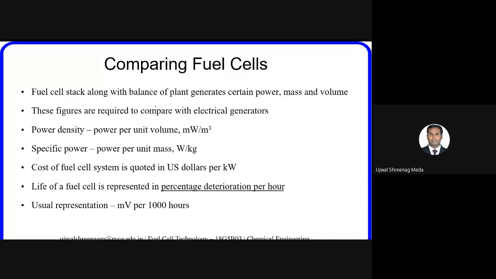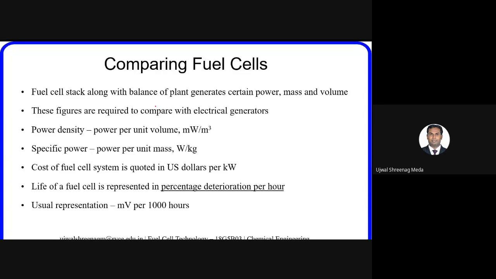When it comes to the cost of a fuel cell, it is usually the fuel cell system which will be quoted, and the normal convention is US dollars per kilowatt. So how much does it cost in US dollars per kilowatt of power that is generated?